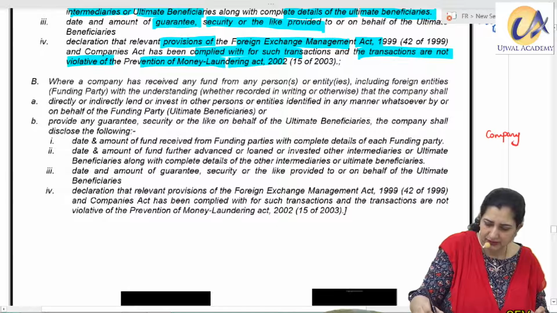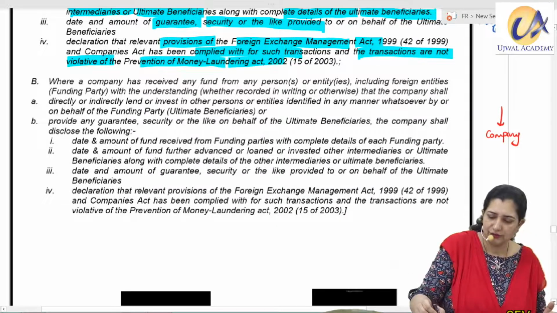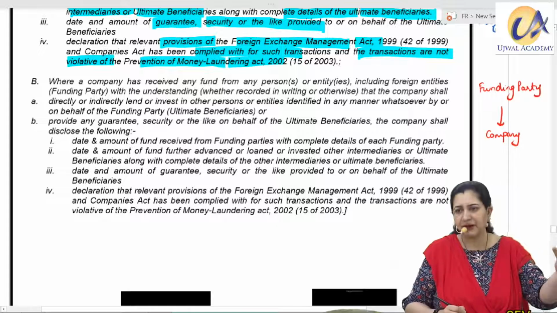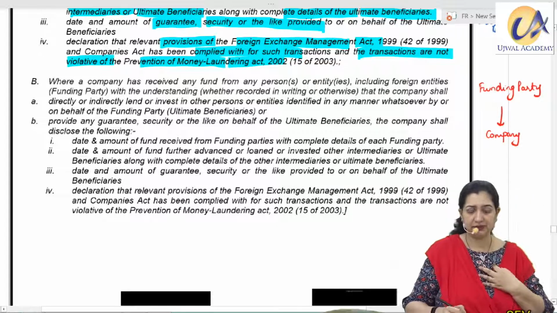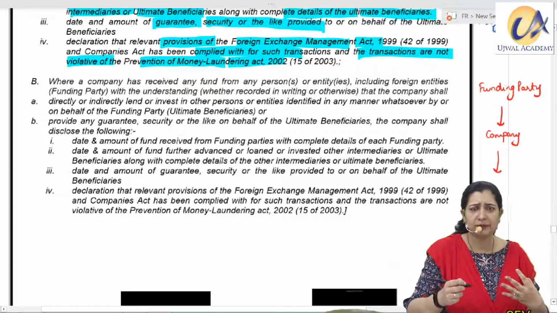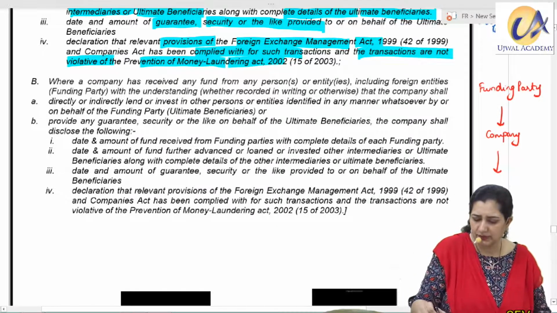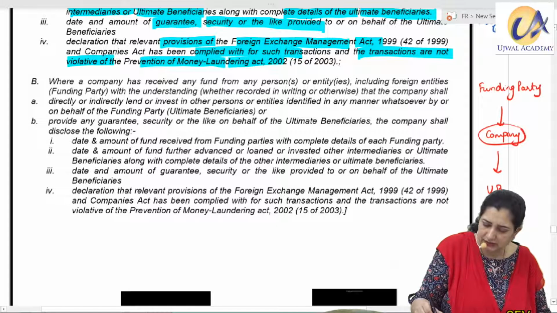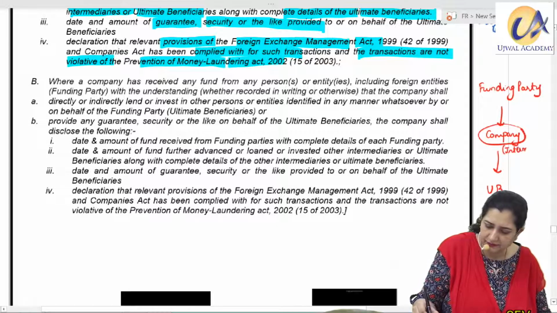And what is happening? The company is getting money from the funding party. So the funding party is giving some money to the company and the company has been requested in writing or otherwise, or informed, that they have to invest this to the ultimate beneficiary. So in simple words, in this situation, the company becomes the intermediary.